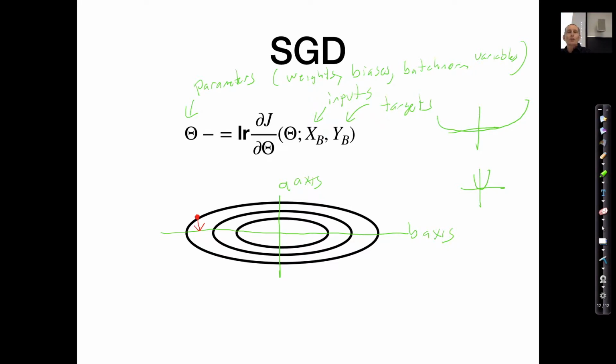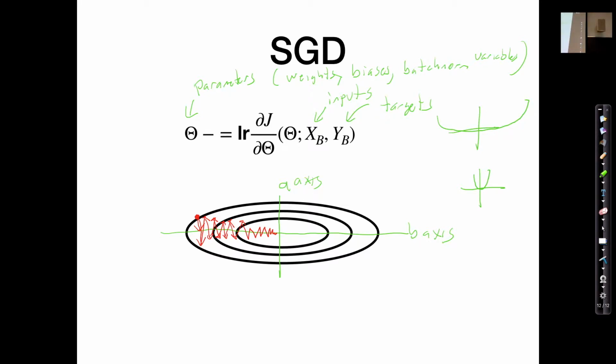So we're going to be traveling like this to get to the center, where we keep going back and forth on our gradient. On one axis, we're going to just always continually go to the right.